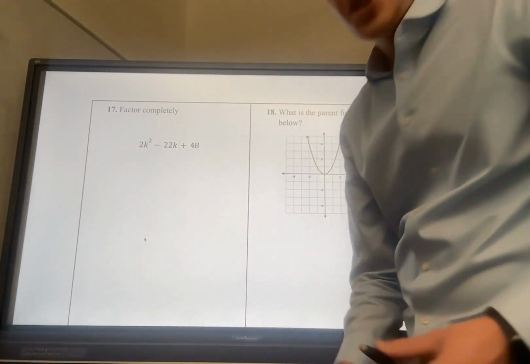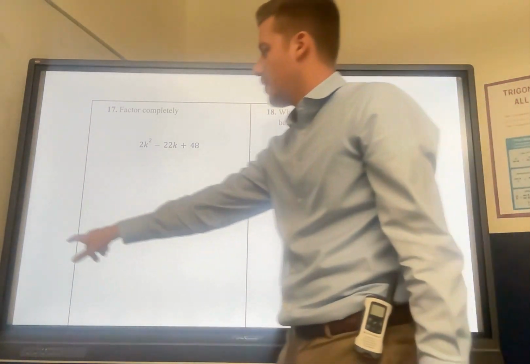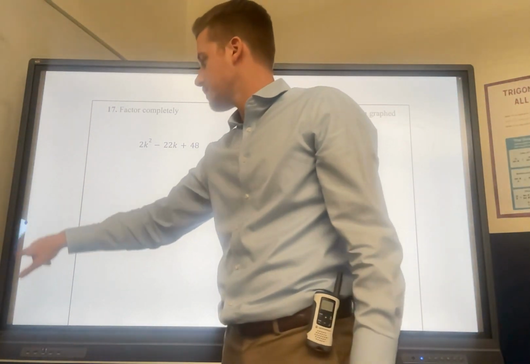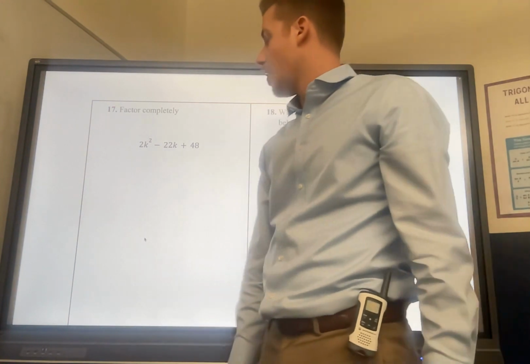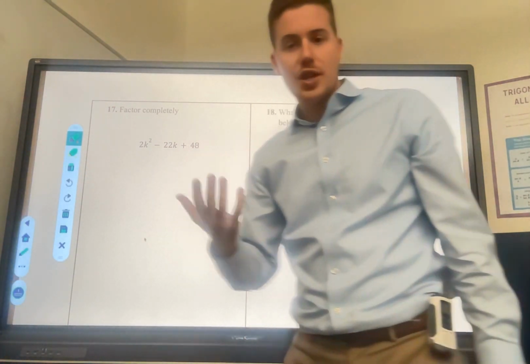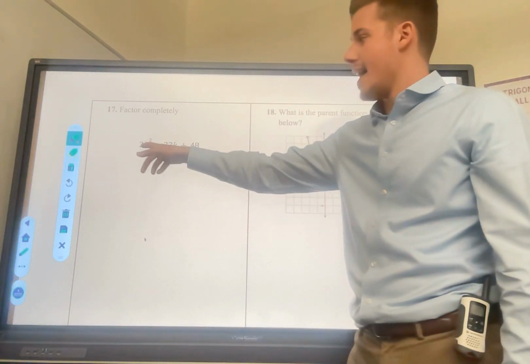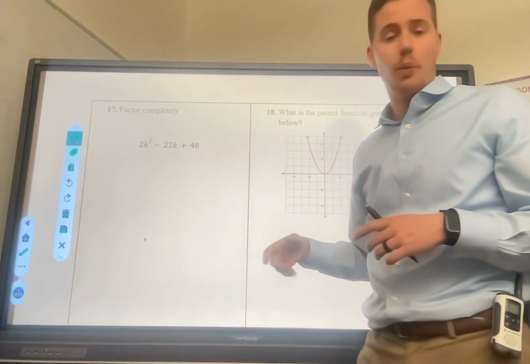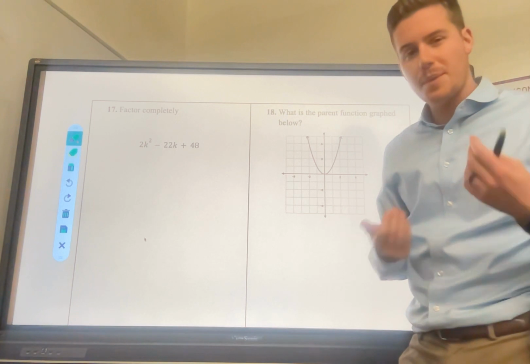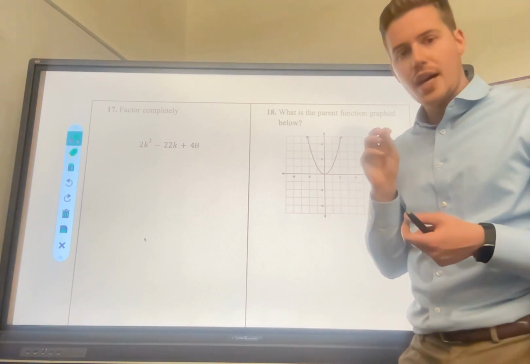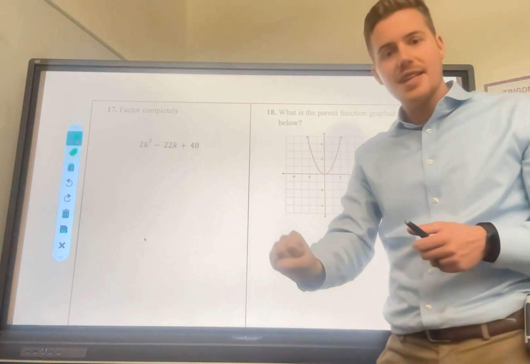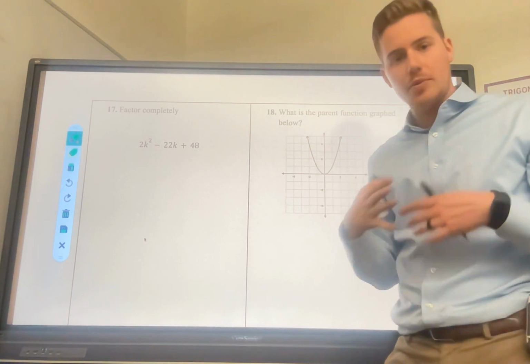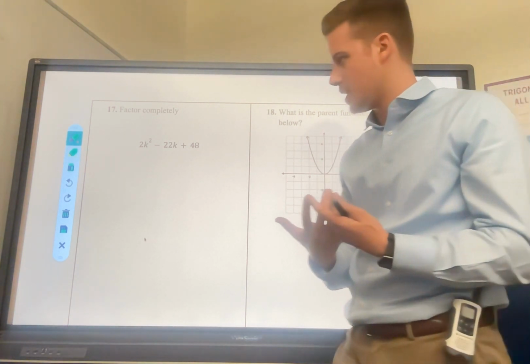All right, question 17 is another factoring question, but this time it's a little bit more challenging. The reason is that A, our first value, is not equal to 1. In this case, it's equal to 2. Anytime you see A not being equal to 1, let's try to find a greatest common factor. Let's see if there's anything we can factor out of all three terms to make our factoring process a little bit easier.